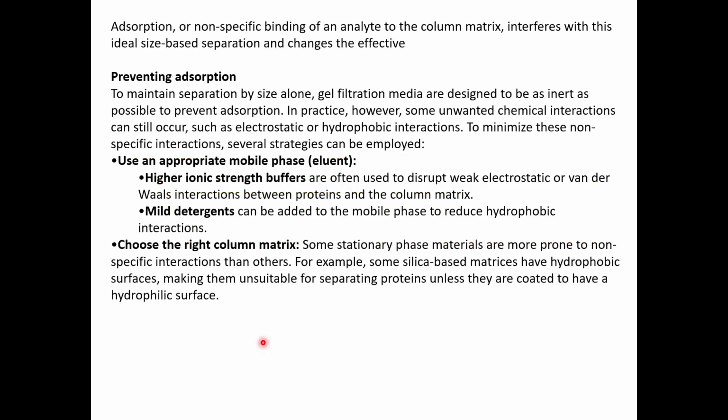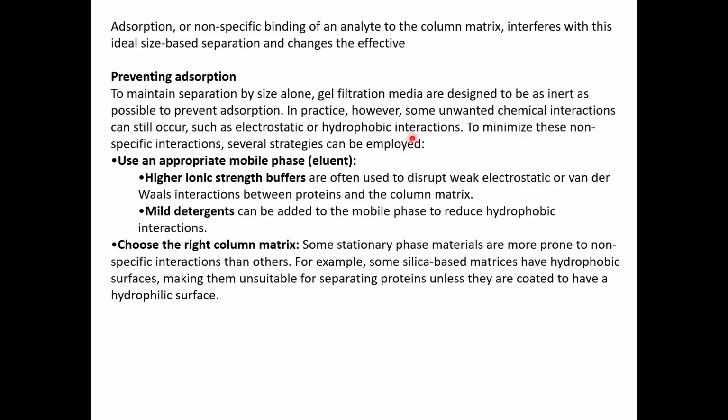Adsorption or non-specific binding of an analyte to the column matrix interferes with this ideal size-based separation and changes the effectiveness of it. So, how to prevent it? To maintain separation by size alone, gel filtration media are designed to be as inert as possible to prevent adsorption. In practice, however, some unwanted chemical interactions can still occur, such as electrostatic or hydrophobic.